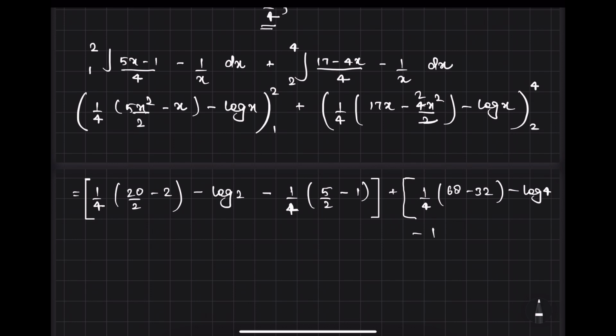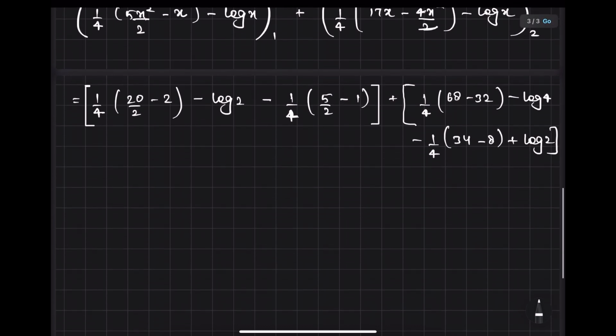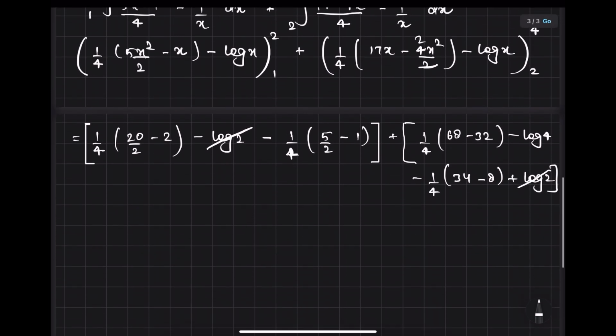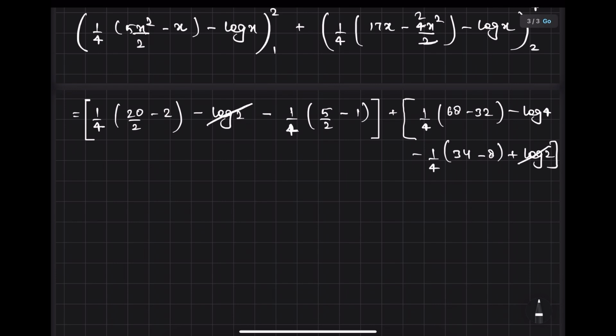So it is minus of 1 by 4, and then we have 34 minus 8. This thing will become plus log 2. So this log and this log will be neutralized. Yes, it will. This is 10. 10 minus 2 is 8.